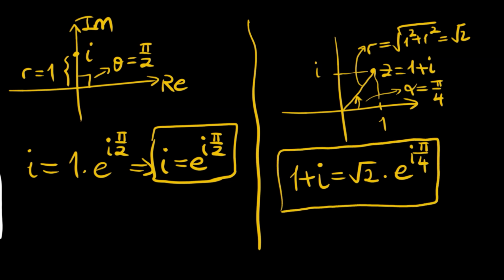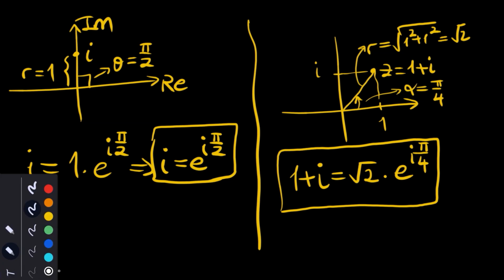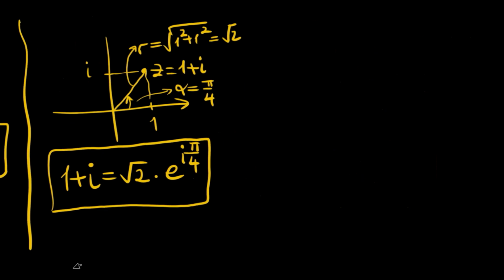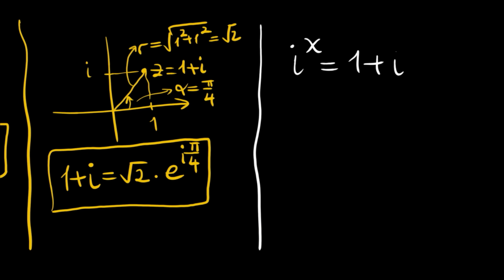Let's just plug these into our equation. The original equation is i to the power of x is equal to 1 plus i. We have found i is e to the power of i pi over 2.